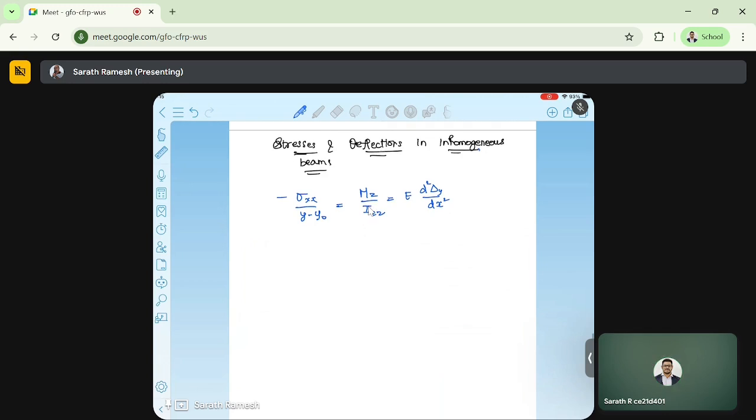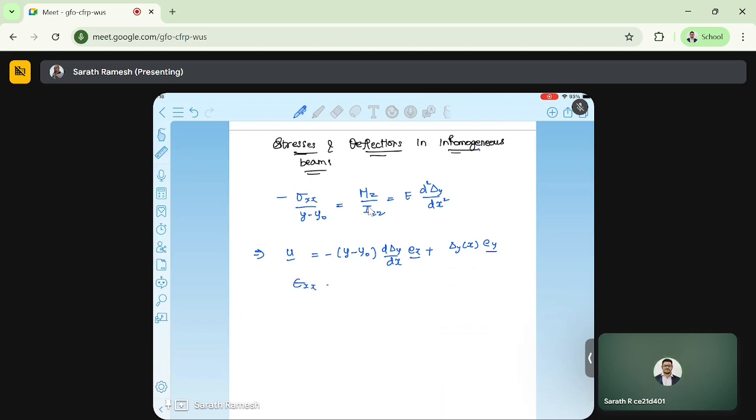Now, I'll just highlight some of the important equations. The displacement field will be the same: minus y naught times d delta y by dx times ex plus delta y of x ey. The strain will be almost the same.